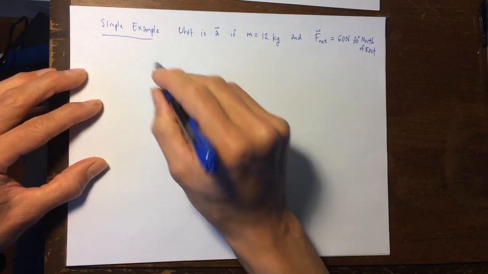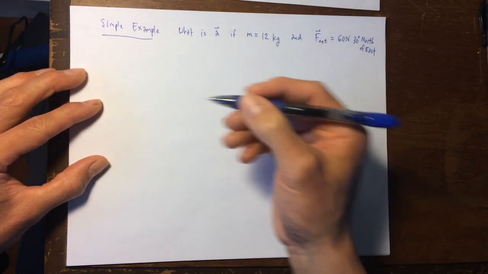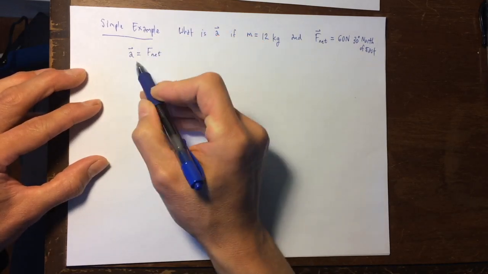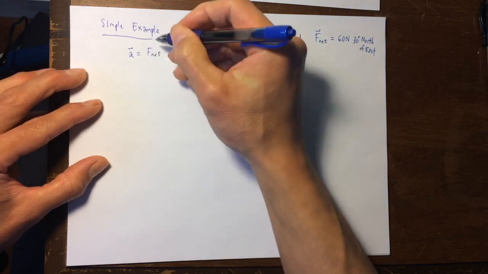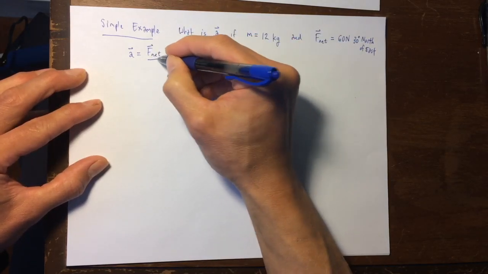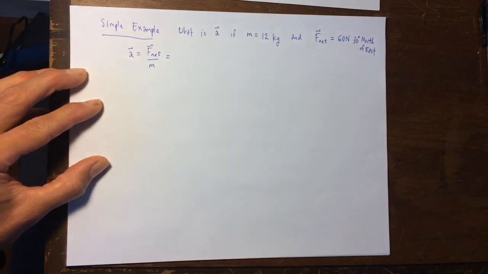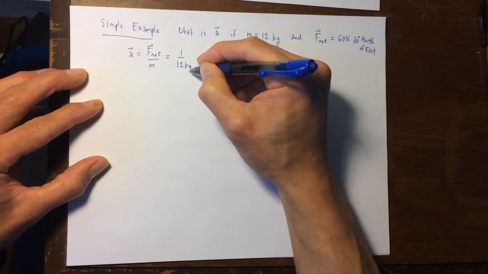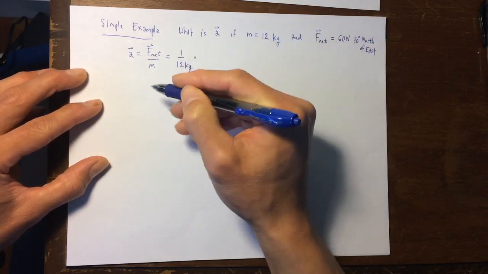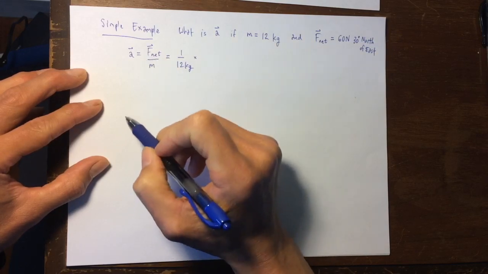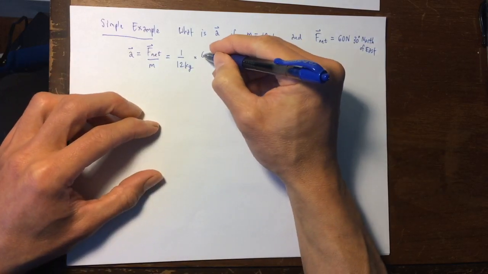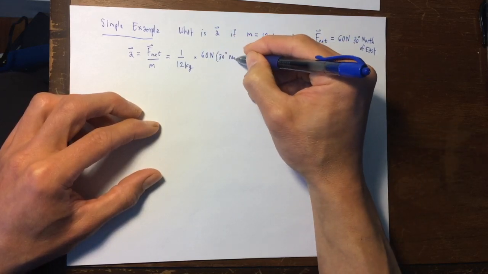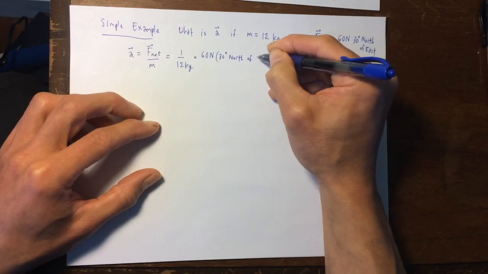So pretty easy, straightforward application of Newton's second law. Newton's second law says that the acceleration of our object is the net force on that object, a vector, divided by the mass. So I'll just write it's 1 over 12 kilograms, that's the 1 over m in front of the F net, and then F net is 60 newtons at 30 degrees, I'll put in parentheses, north of east.